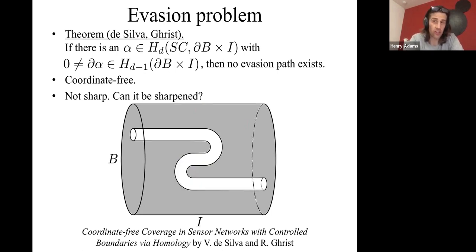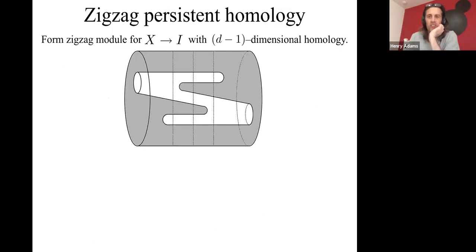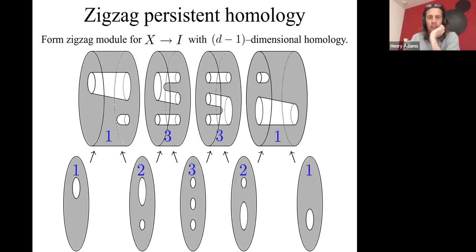This criterion was not sharp because of this S-shaped curve, right? There was no evasion path in this example, even though we can't find a blue sheet alpha to guarantee that there's no evasion path. So this motivated myself and my advisor, Gunnar Carlsson, to think about zigzag persistence, where we sort of track holes over time.